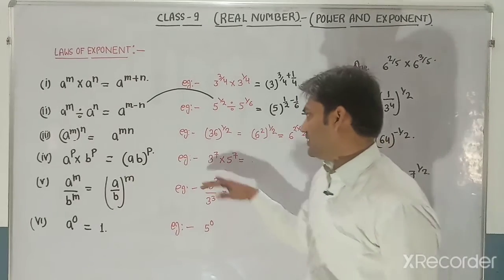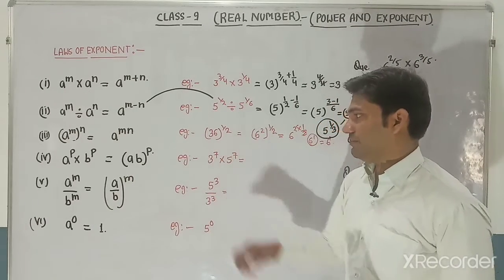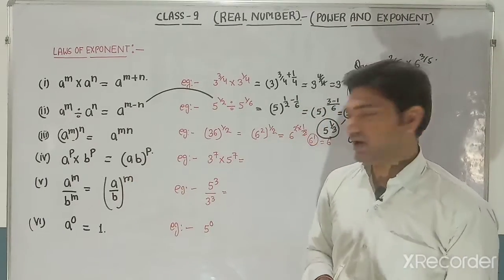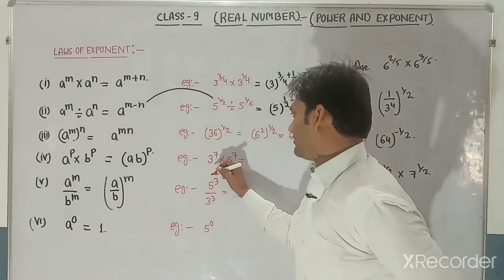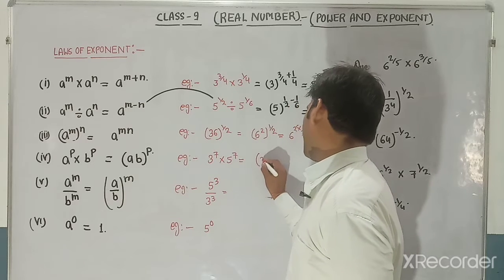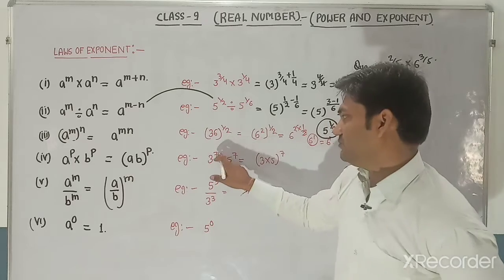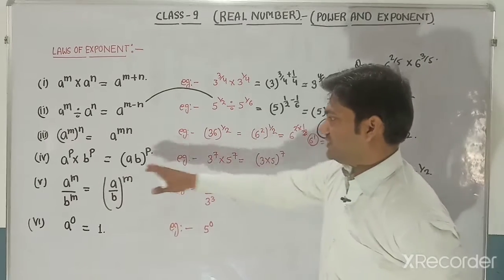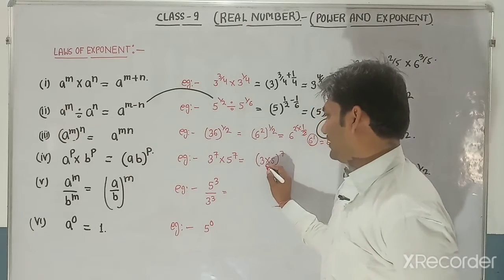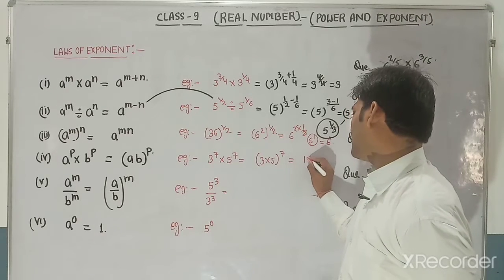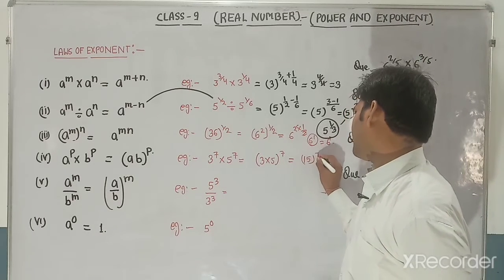An example is given: 3 power 7 into 5 power 7. Just apply this law and directly we find the answer 3 into 5, with the whole power 7 because both powers are the same. Then the answer will be 15 power 7.